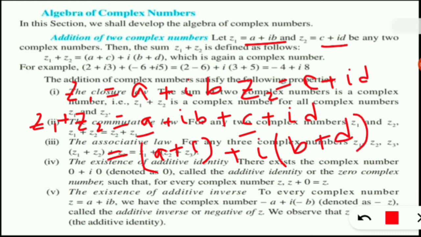Clear? So students, since z1 and z2 are two complex numbers, z1 plus z2 is also a complex number. For z1 plus z2, the real part is a plus c and the imaginary part is b plus d.